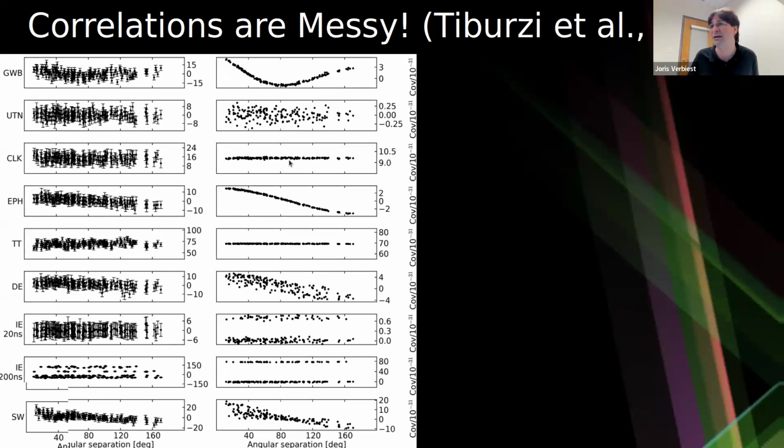The final thing is the sampling in the x direction. That is, of course, related to the position of your pulsars on the sky. And as mentioned earlier, this is why we want as many pulsars as possible. Because a random distribution of pulsars on the sky, well, they're never really random, because pulsars are primarily in the plane of the galaxy, which is only one plane to begin with. And they are primarily towards the southern hemisphere, towards the inner galaxy.